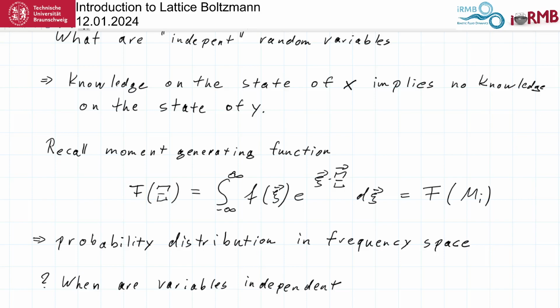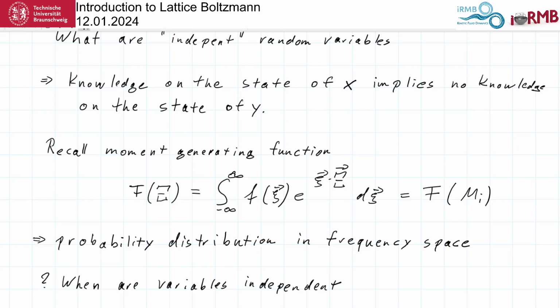Mathematically, we define statistical independence by saying that their joint probability distribution, so finding x in state A and y in state B, is the product of finding x in state A and finding y in state B. That would be the case if they are independent of each other.